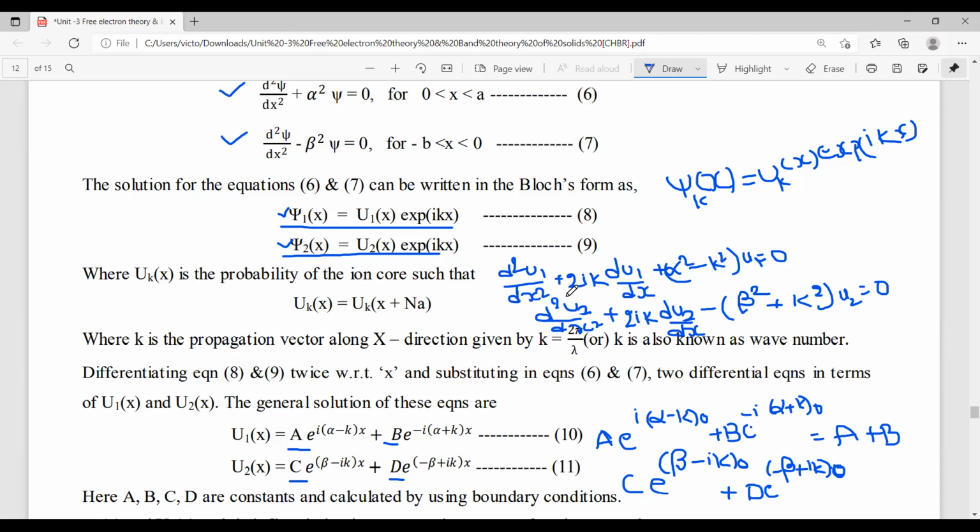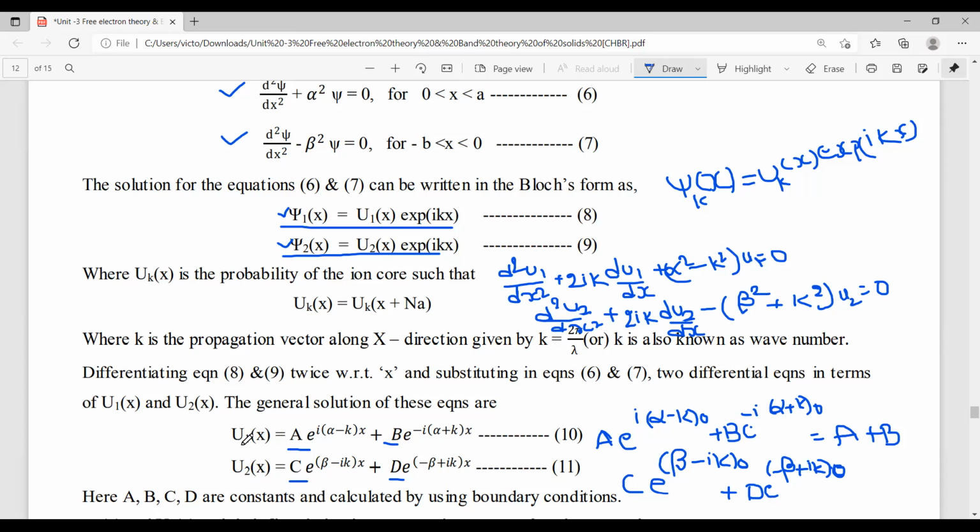So again we have to solve these two equations, taking the solutions of the form u1 of x equal to a e to the power of i(alpha minus k)x plus b e to the power of minus i(alpha plus k)x.